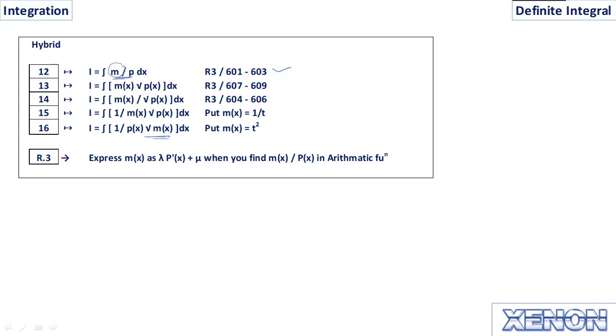When we are getting an integrand of the form of Mx square root of Px dx, again what we do here is we express Mx in the form of lambda P dash x plus mu, right?